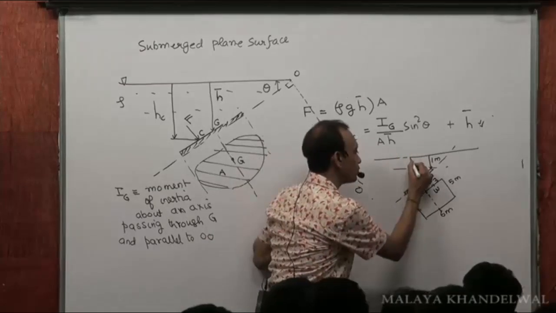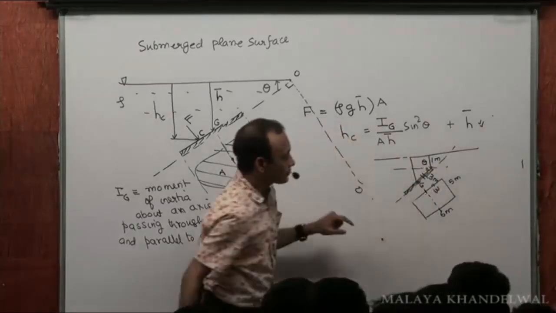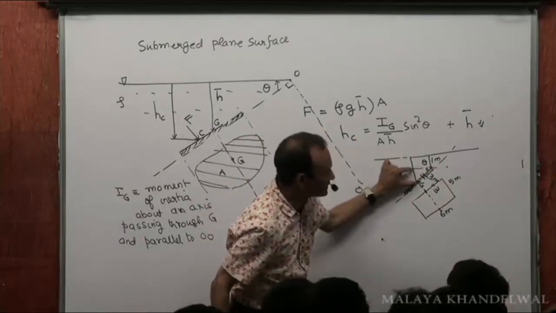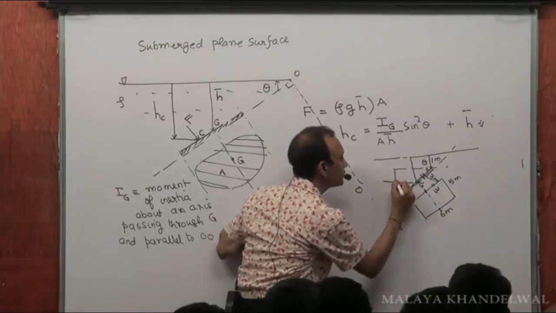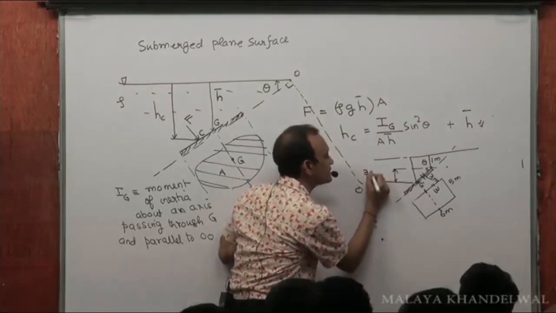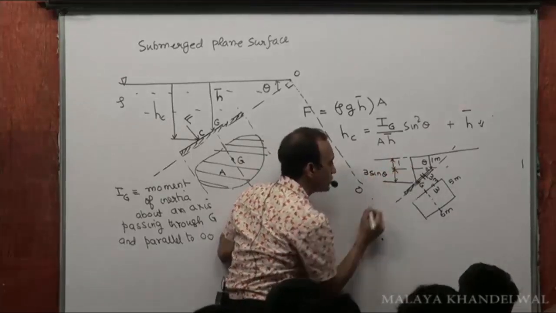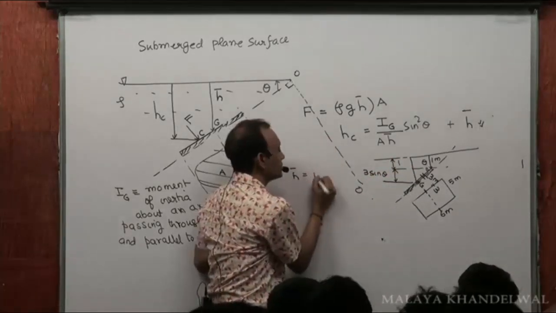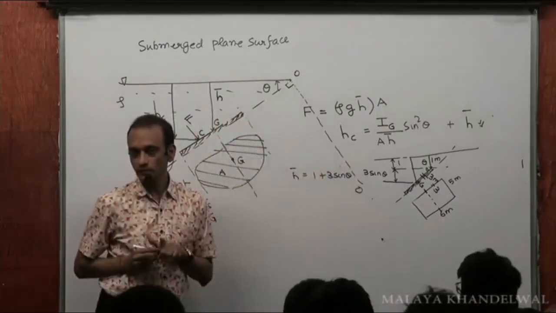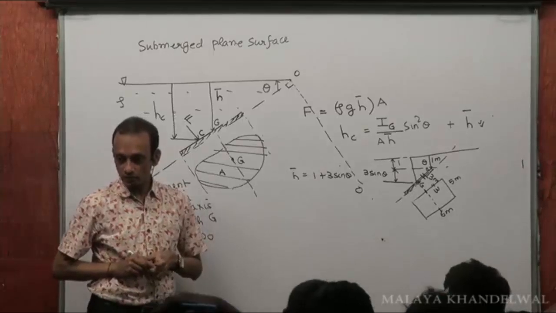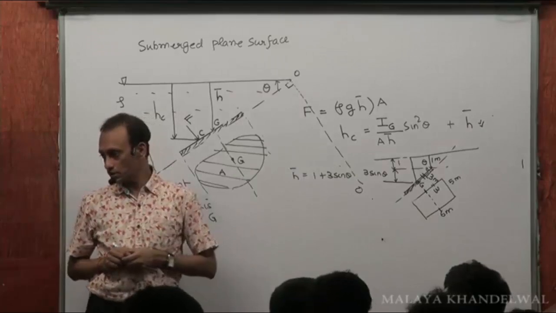Now this angle is theta, so this will be 3 sine theta, and this is 1 unit. So H bar is going to be 1 plus 3 sine theta in this case, for example. Clear?